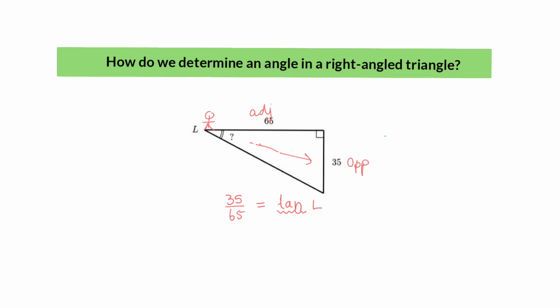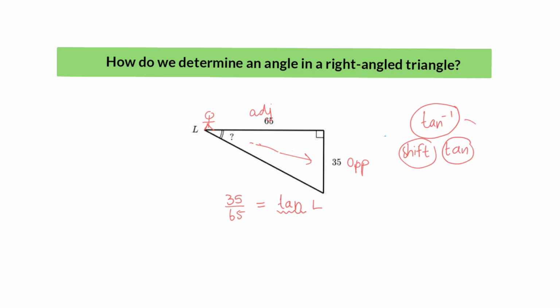Now we need to use a new function on our calculator, and that's the tan minus 1 function just above the tan. To get that function we have to do shift tan. So this is what you must remember.